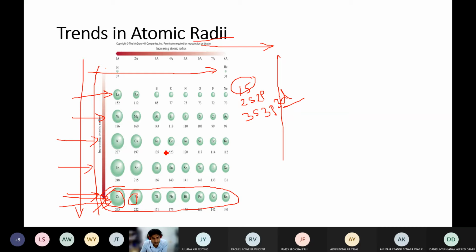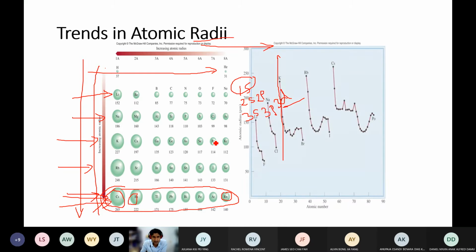The number of protons in the nucleus is increasing, and the positive charge of the nucleus is increasing, so it can attract the electrons more strongly, so it becomes compact. Even though it has the same principal quantum number, it has a smaller radius. Radon has an even smaller size.